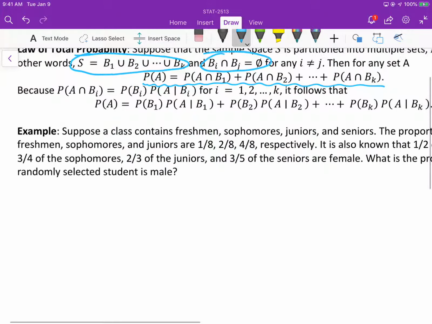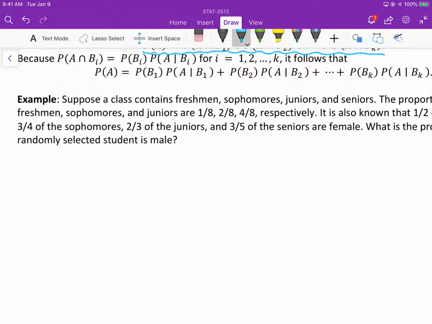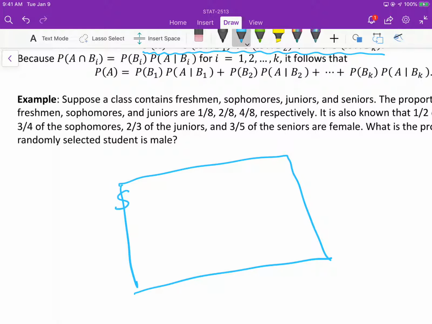Let's draw a picture. Suppose this is the sample space, and suppose we want to calculate the probability of event A. Sometimes it may be difficult to calculate the probability of event A directly, but we can do it this way.